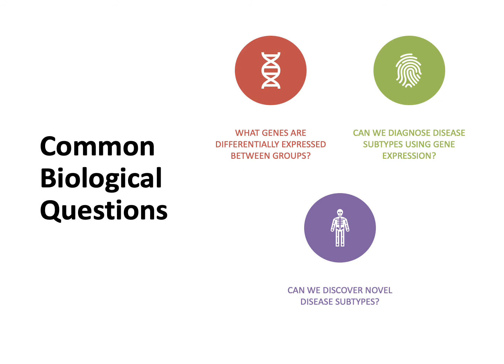In leukemia subjects, can we, from the gene expression profile in their blood, identify which subtype of leukemia they have? And then a third question is, can we actually discover novel disease subtypes from their gene expression profiles? If we have a solid tumor, a solid cancer, can we identify subtypes of cancers that are different from one another?